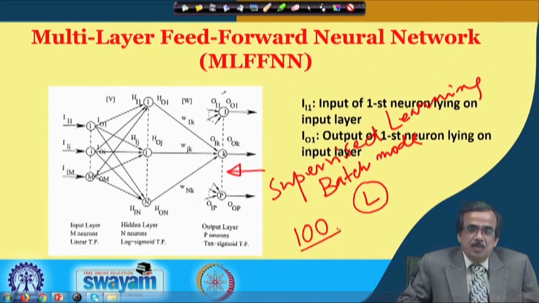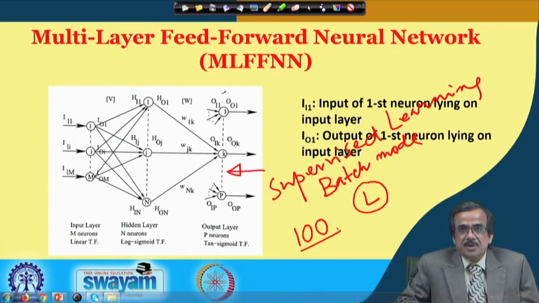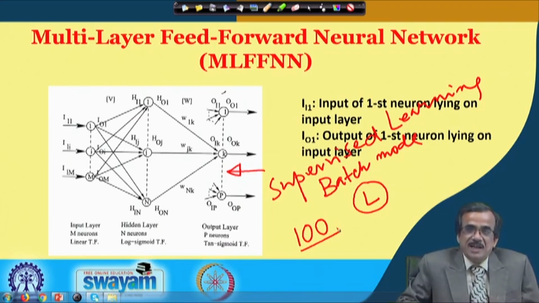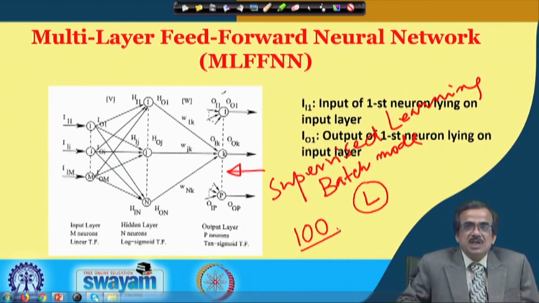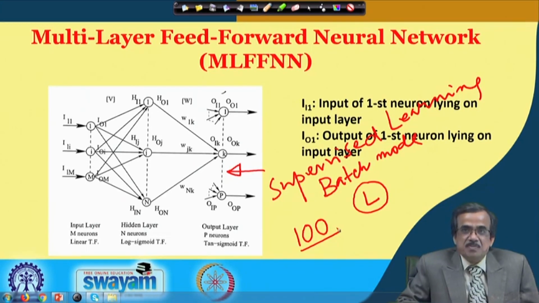Now, if it has 100 design variables or parameters which can be optimized, whose modified values can be determined, I will have to pass at least 100 training scenarios. So, either 100 or slightly more than 100 training scenarios I will have to pass while carrying out the batch mode of training.